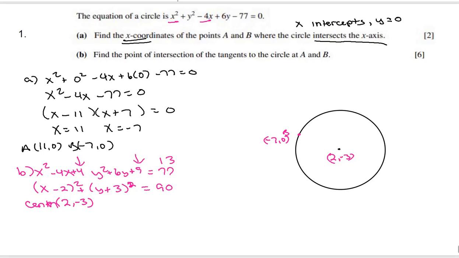Point B, and then if I go across here nice and level, because you see how they both are x-intercepts. This is the x-axis right here. And so this is going to be somewhere over here, and it's going to be (11, 0), and that's going to be point B. Oops, not point B, point A.